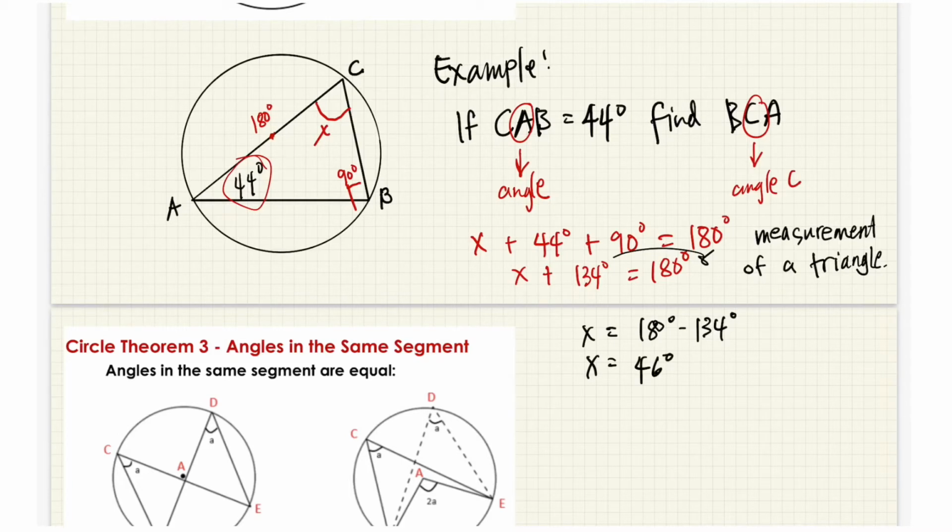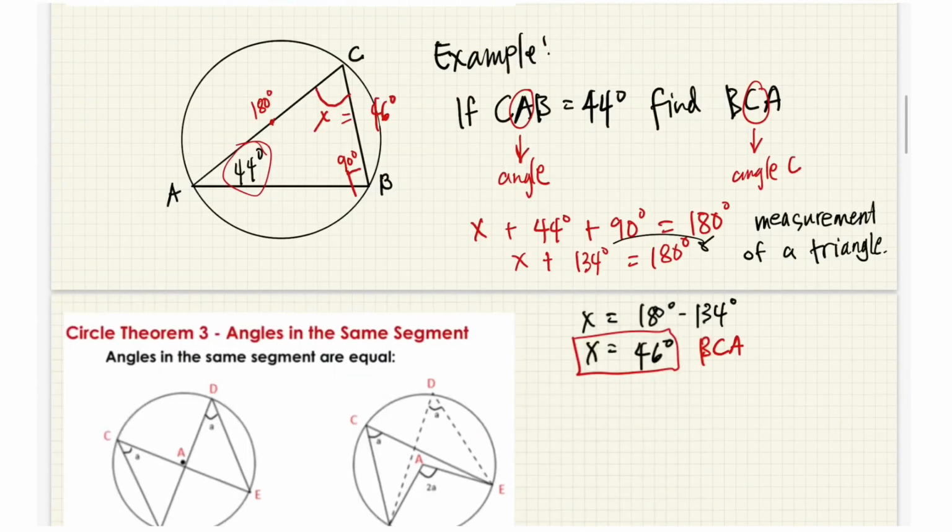So therefore our x here is equal to 46 degrees. So this is now BCA. Angle C is equal to 46 degrees.